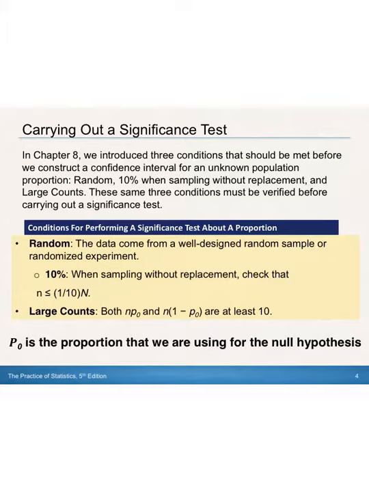These same 3 conditions need to be met: random, 10%, large counts. But remember, for the random condition, if we don't have evidence of a random sample, we throw out the whole thing, we can't do anything. The 10% condition, if it doesn't work, relates to the ability to use the standard deviation formula.